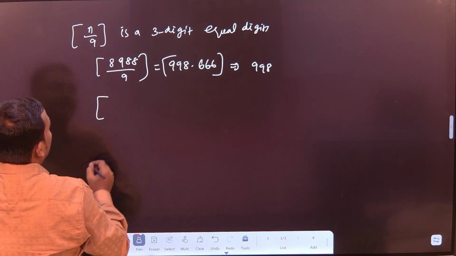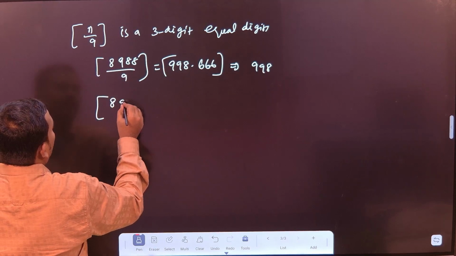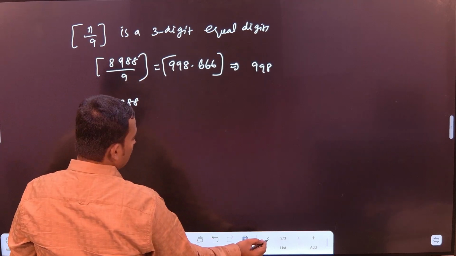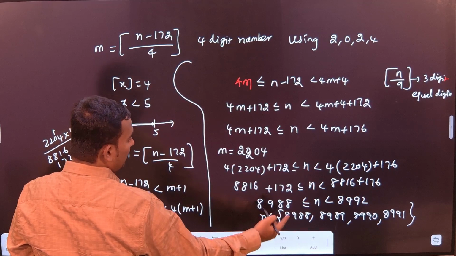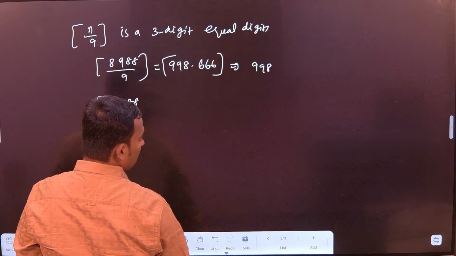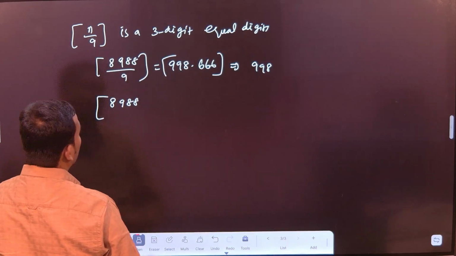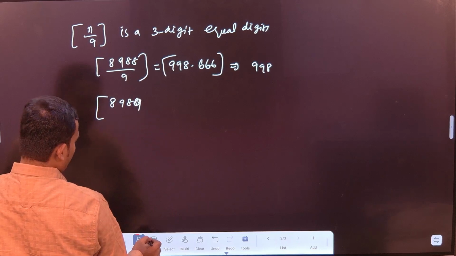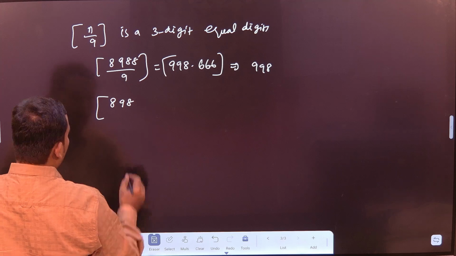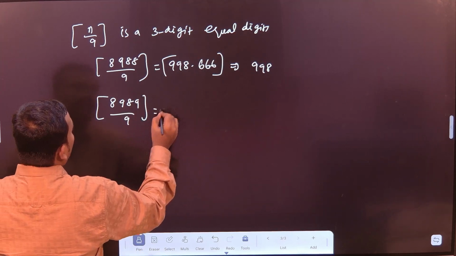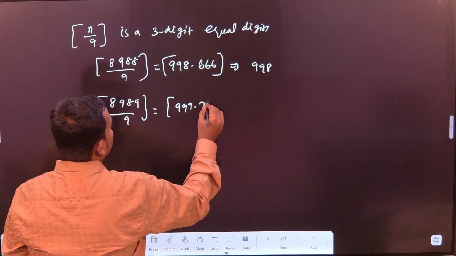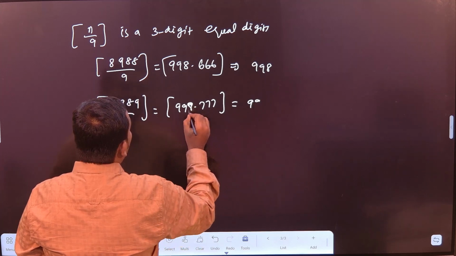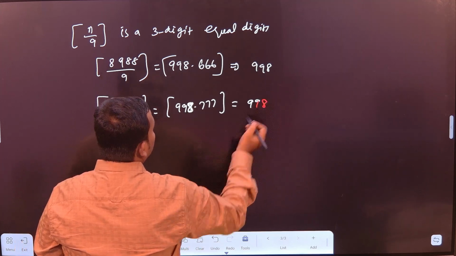Then the other number, 8989, is also not possible. 8989 by 9 is approximately 998.77, so you get 998.